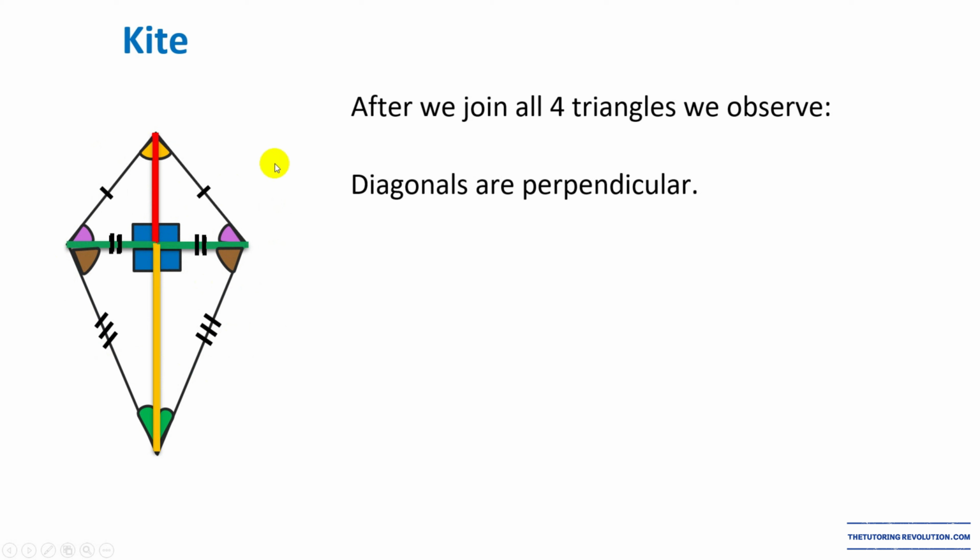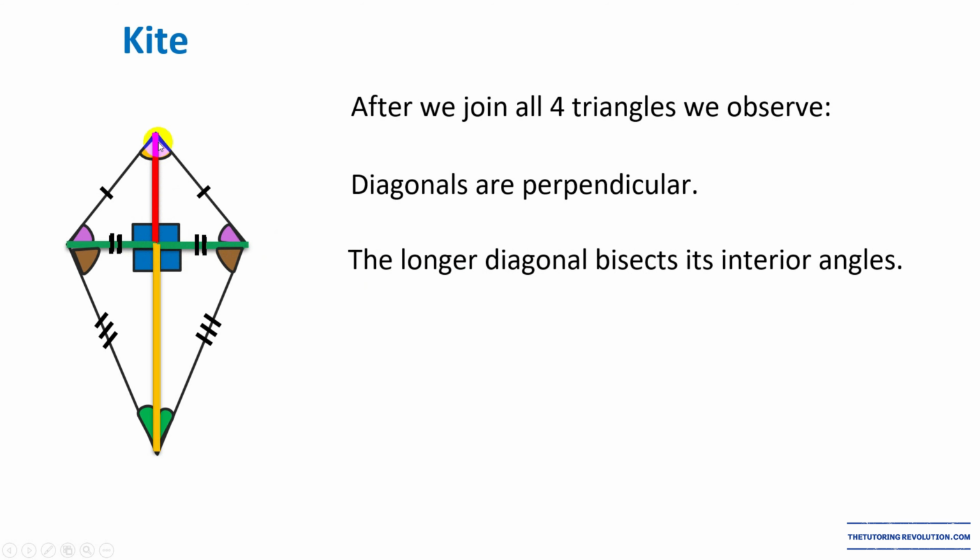So we notice that the diagonals, this diagonal here and this diagonal here, are perpendicular. We notice that the longer diagonal bisects the interior angles. So this angle here and this angle here will be congruent, right?